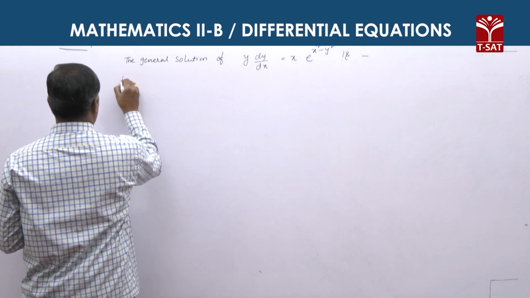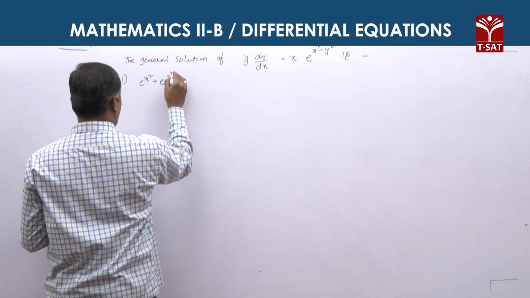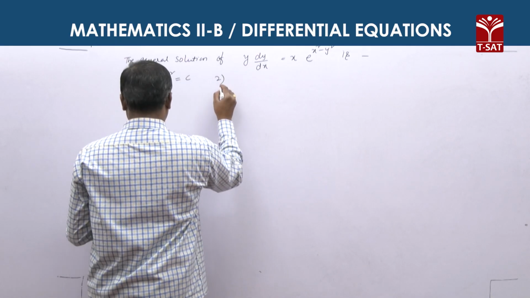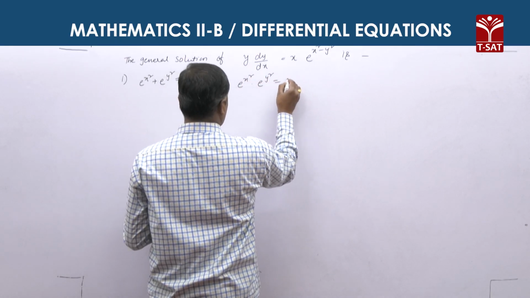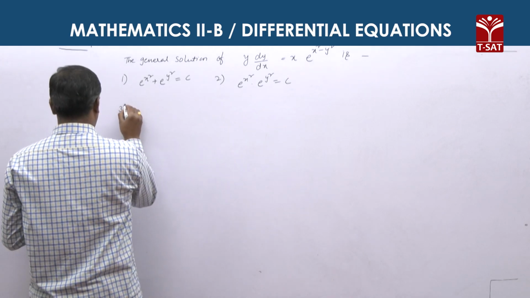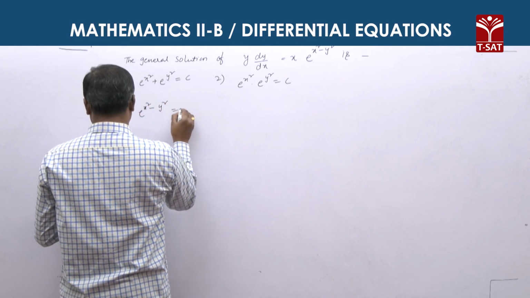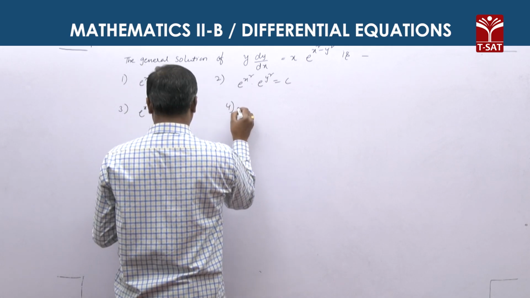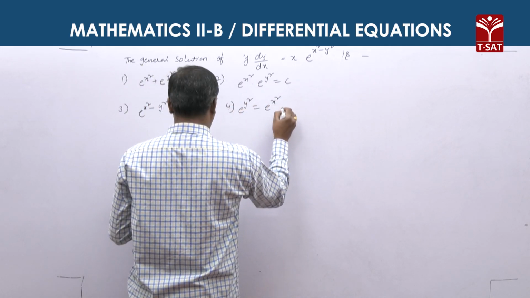First option, e power x square plus e power y square is equal to c. Second option, e power x square into e power y square is equal to c. Third option, e power x square minus y square is equal to c. And fourth option, e power y square is equal to e power x square plus c.